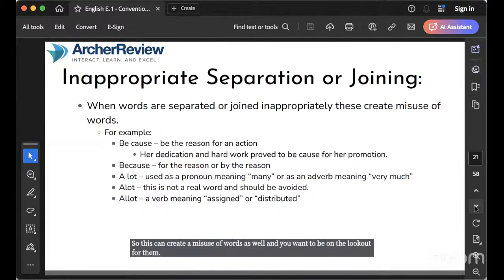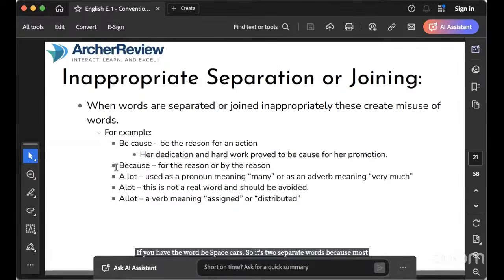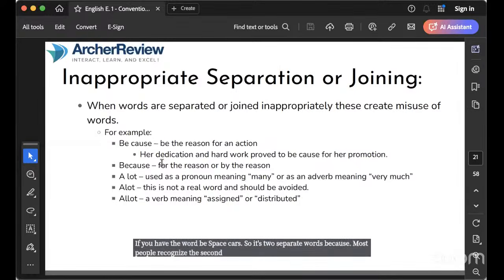So for example, this is one that not many people think of. If you have the word "be cause," so it's two separate words, because most people recognize the second one, "because," since it is a very common word.